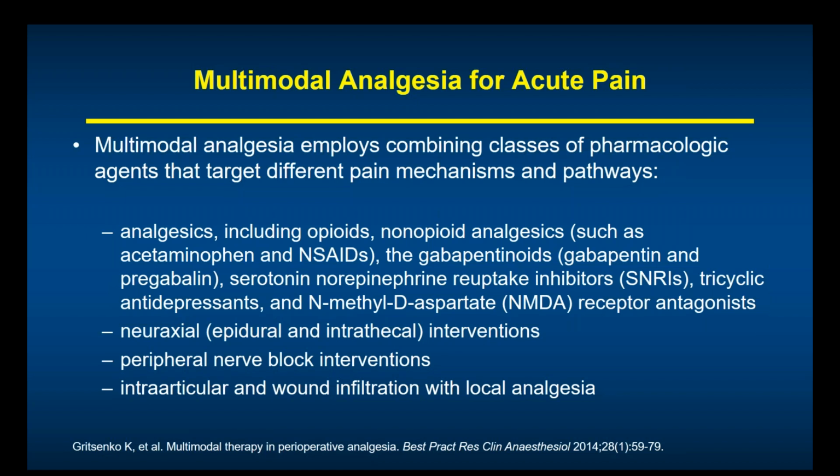And multimodal analgesia employs combining classes of pharmacologic agents that target different pain mechanisms and pathways. I've listed, and we're going to go over this in a bit, some of the multimodal analgesic strategies for acute pain, such as systemic analgesics, neuraxial therapy, epidural and intrathecal interventions, peripheral nerve block interventions, intra-articular and wound infiltration with local analgesia.